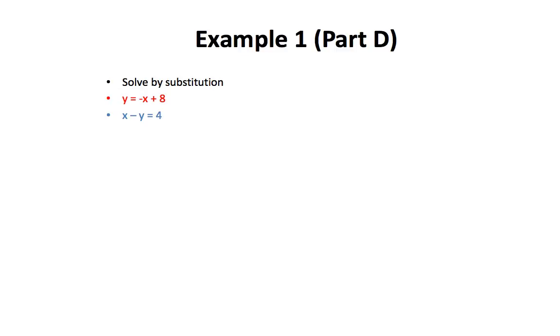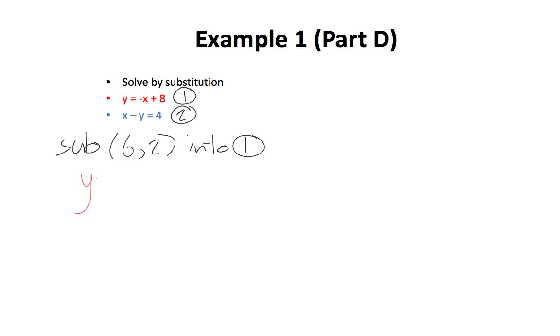Now that we have our solution or point of intersection, we need to make sure that it lies on both lines, so both line 1 as well as line 2. We are going to do a left side equals right side check. I'm going to say sub (6, 2) into equation 1. So I'm going to start with y is equal to negative x plus 8.